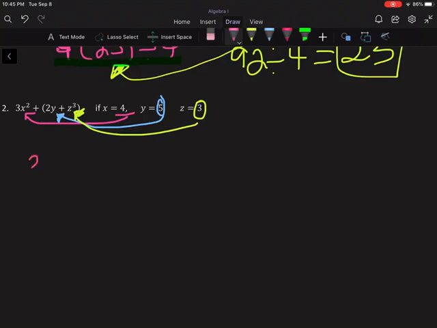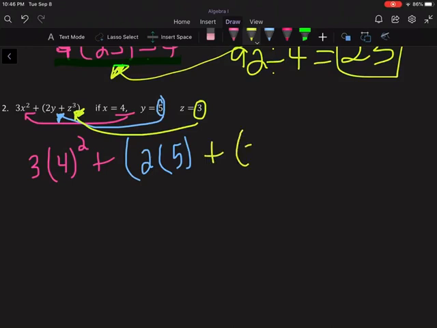So let's go ahead and plug those things in. And I always want to plug those in with the parentheses. So I have 3 times 4 squared plus 2 times y, which is 5, plus 3 to the third.